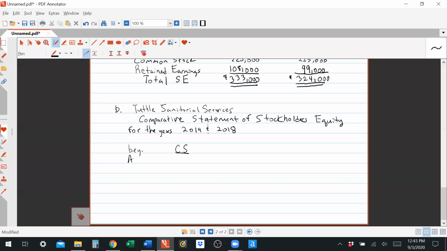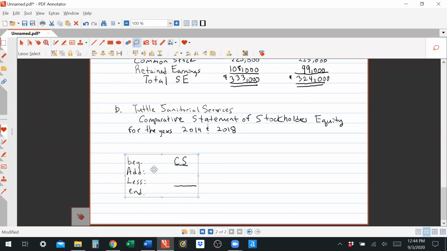We need to add or subtract any changes, but common stock didn't change, right? Whoops, I need to move this up right here.